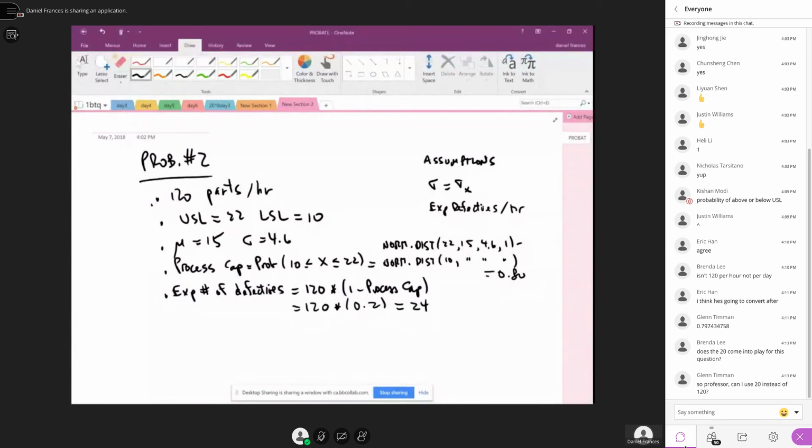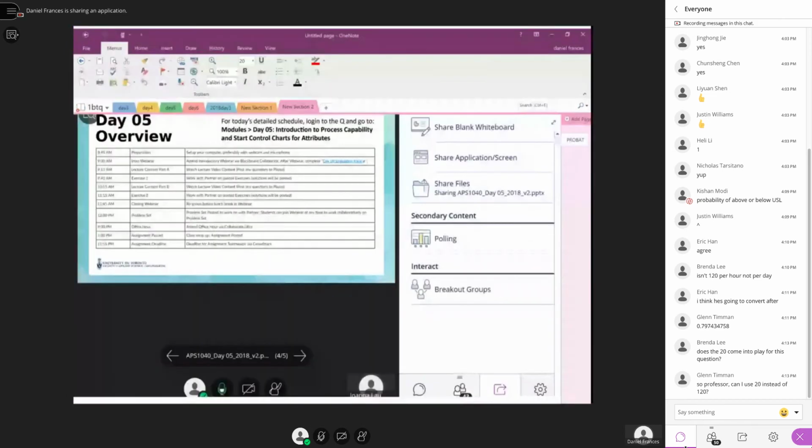So I thought this can't be right. It must be that it was the population sigma x. And that's what I made the assumption on. So I first went the other way, got a ridiculous answer. I didn't think that whoever made up this question would want to see that the bulk of the pieces were faulty, and that's it. So it turns out that 20 plays no role in this.